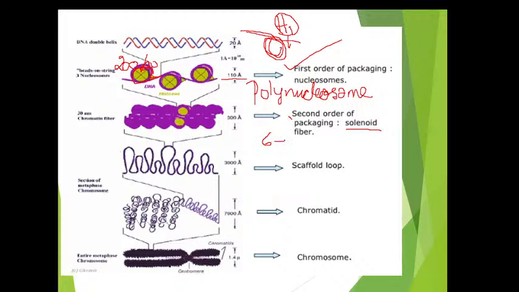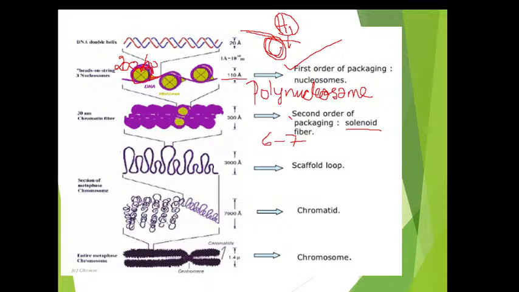Chromatosome means what? This group, this polynucleosome, is called a chromatosome. So 6 to 7 chromatosomes undergo twist and turn to form the solenoid structure.